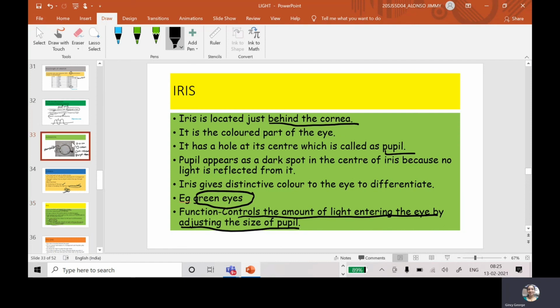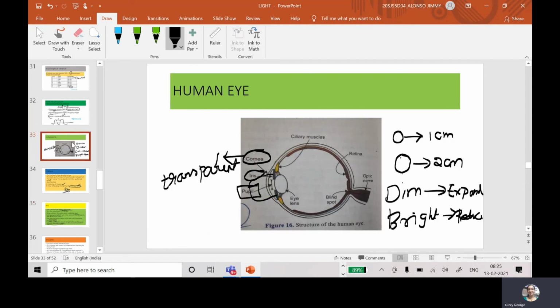We'll see the eye lens. You can see here the eye lens. After the cornea, through the pupil, the light is entering and reaching the lens of your eye, called the eye lens. It is in the center, just behind the pupil.